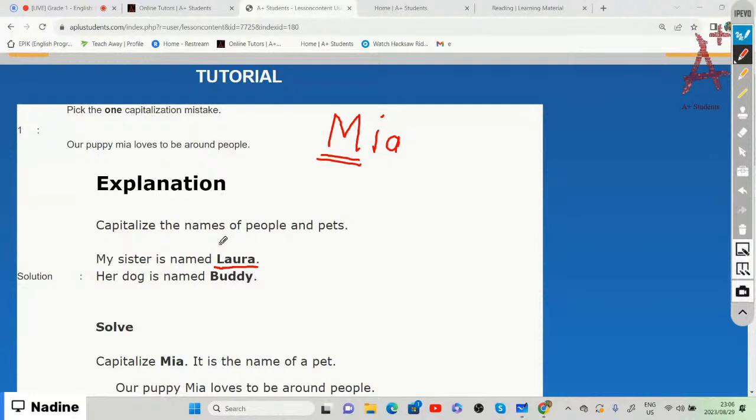So the first letter of Laura's name starts with the capital letter L. So we don't write Laura's name with a small letter, right? Nope, that is wrong. We need to write it with a capital letter L for Laura. So we capitalize the first letter of the name, right?